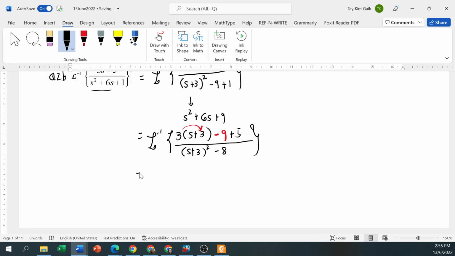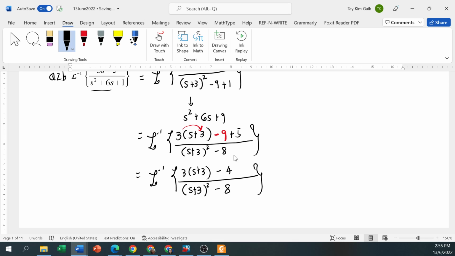Okay, simplify it. You get 3 times (s plus 3), minus 9 plus 5, which is minus 4, divided by (s plus 3) squared minus 8.